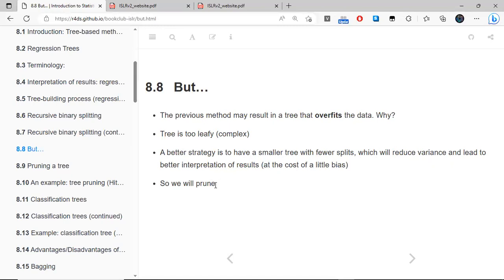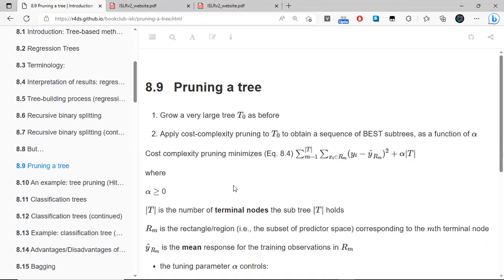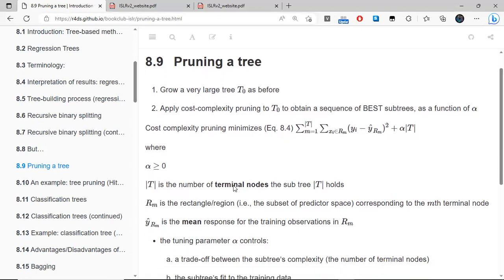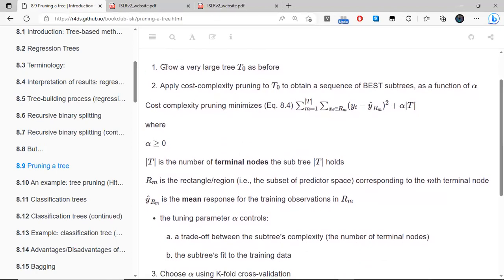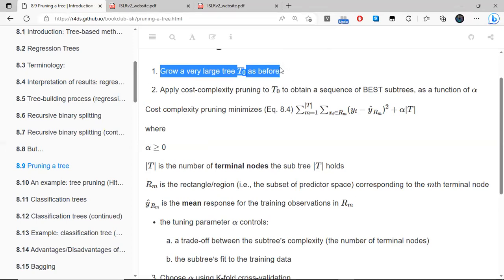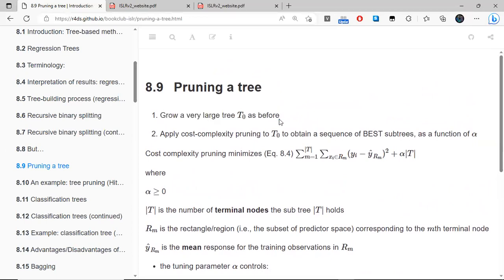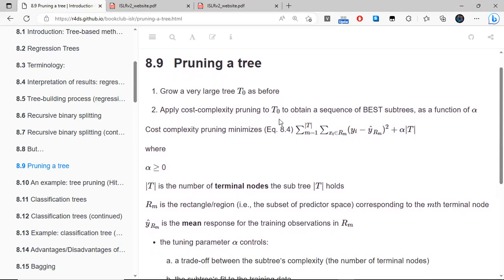And so we will perform this pruning, this subsetting of the tree. We can start by constructing a very big tree. That is, we don't put quite a high restriction on the number of regions that we want our tree to have.